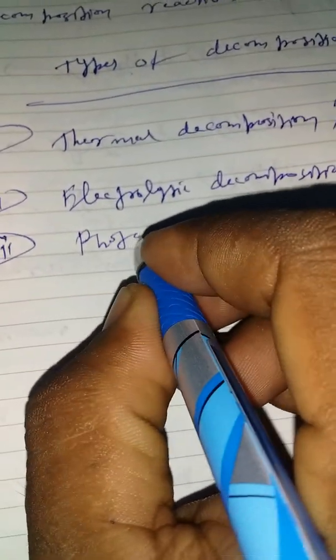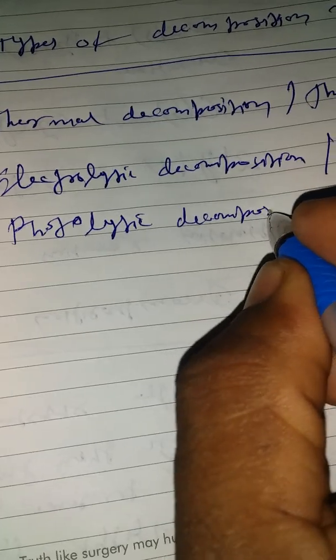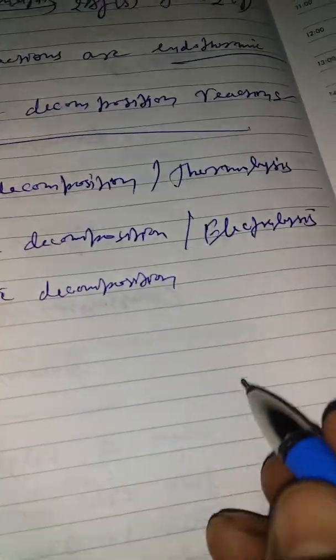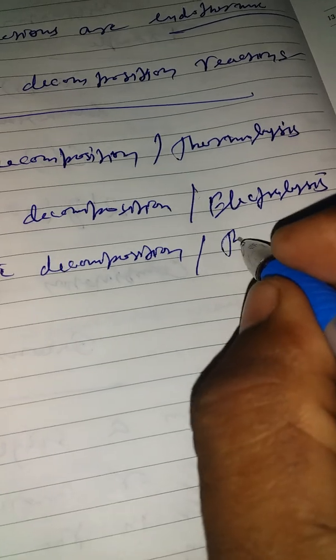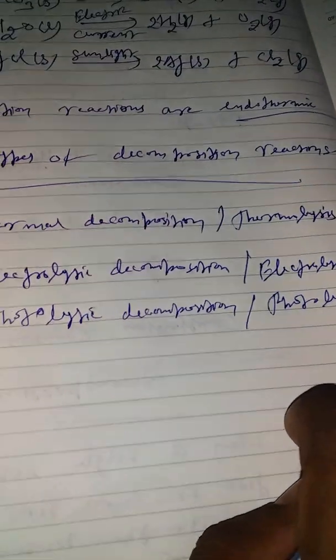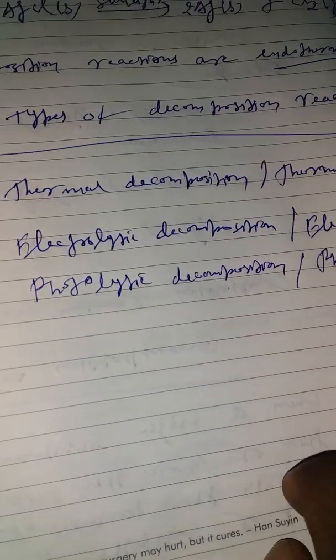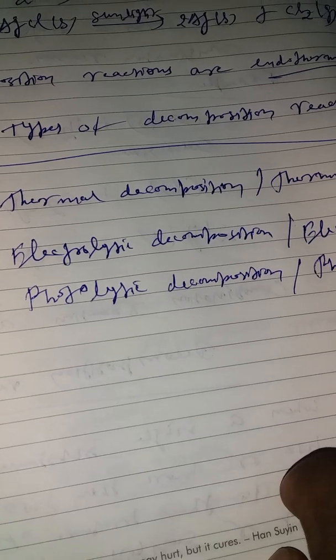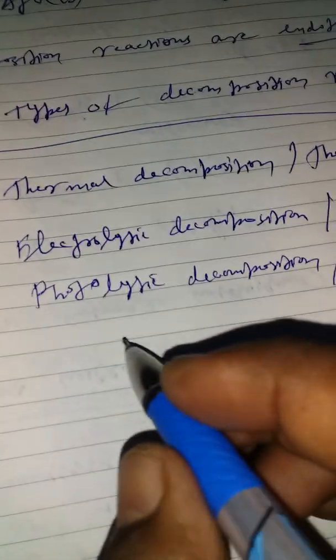And third one, photolytic decomposition or photolysis. So we define these different types of decomposition reaction one by one.